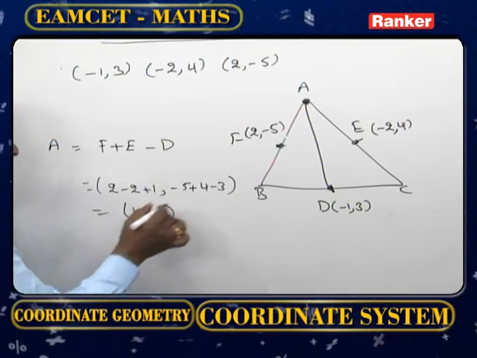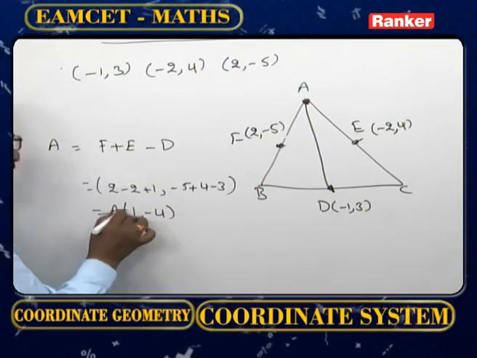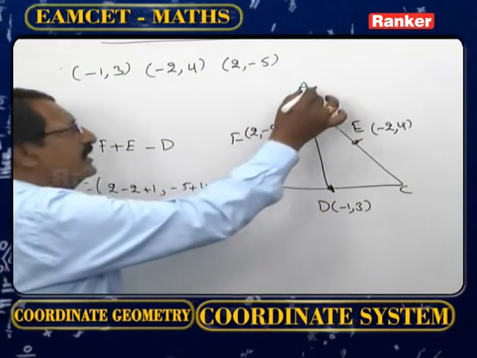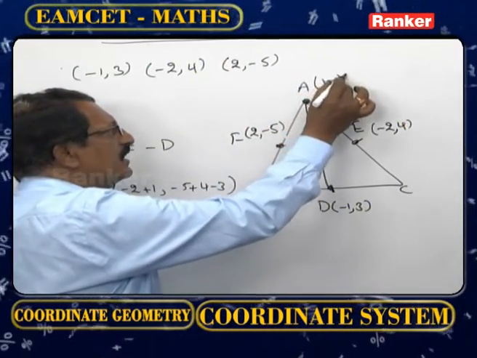The coordinates of the point A are (1, -4).